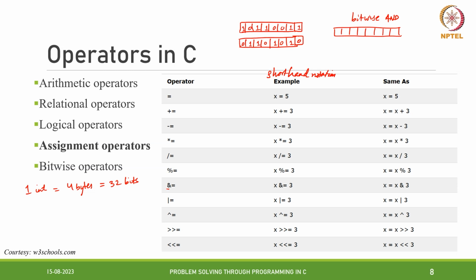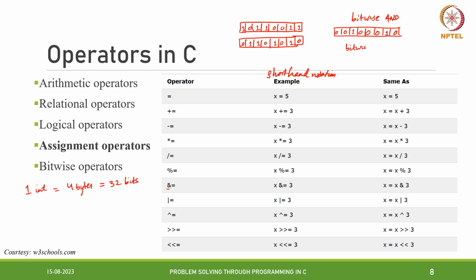So 1 and 0 will give you 0. 1 and 1 will give you 1. 0 and 0 will give you 0. 0 and 1 will give you 0. 1 and 0 will give you 0. 1 and 1 will give you 1. 0 and 1 will give you 0. 1 and 0 will give you 0. So this is the bitwise AND. Basically you are doing the AND operation on each of the corresponding bits.